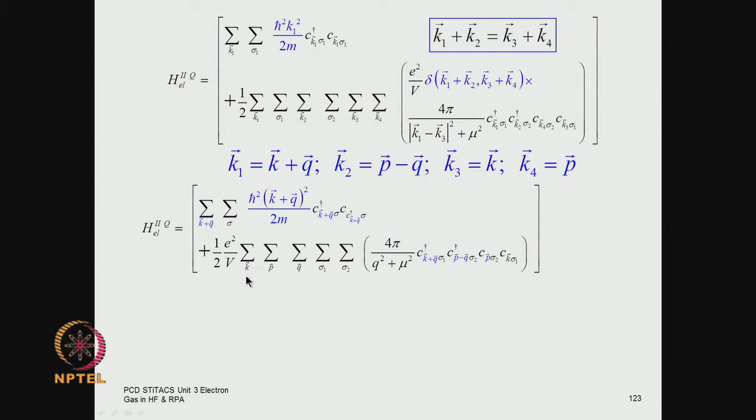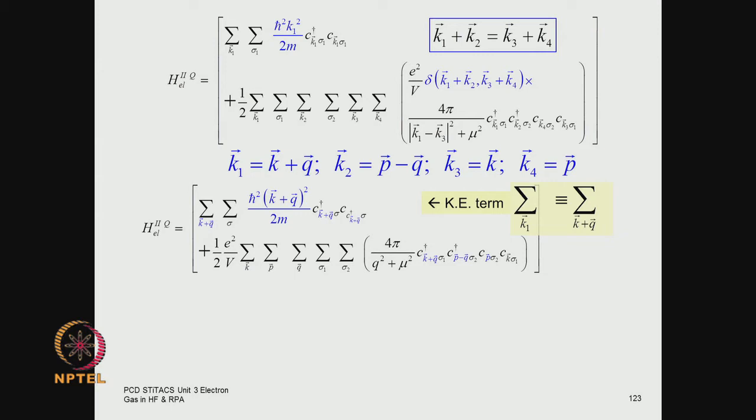So now you have summation over 3 indices k, p and q, and now you have 4 pi over q square plus mu square, where q is the momentum transfer. So this is the term that you get for your electronic Hamiltonian.